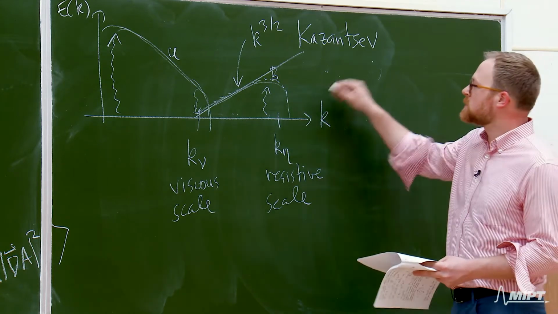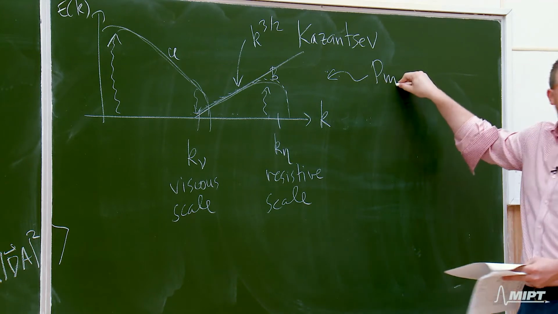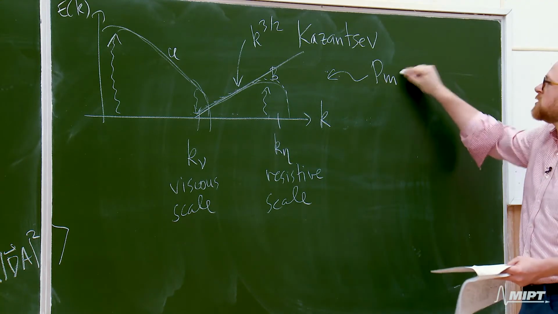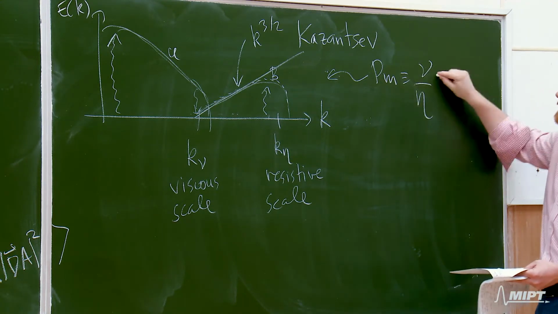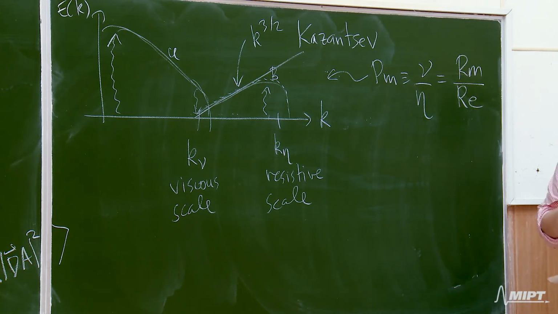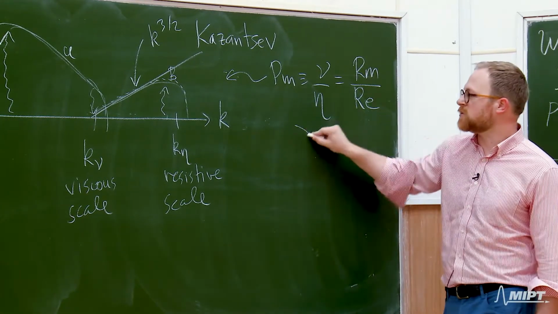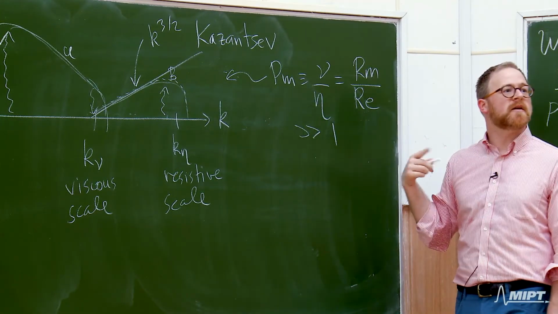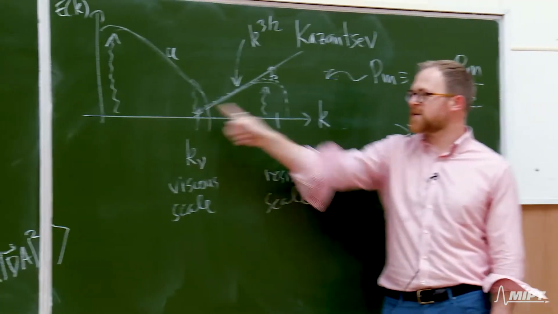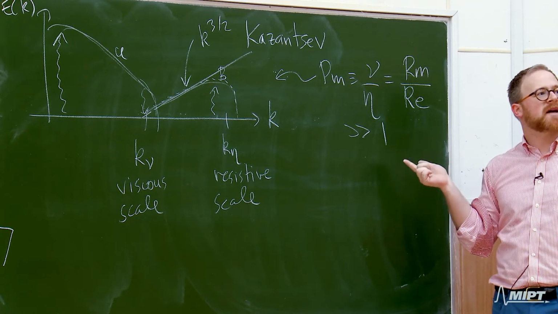By the way, you might have heard of a Prandtl number before, which is viscosity over resistivity, or equivalently, the magnetic Reynolds number divided by the fluid Reynolds number. And in this picture that I drew, this is bigger than 1. In other words, you hit the viscosity before you hit the resistivity. And most hot astrophysical plasmas are like this.